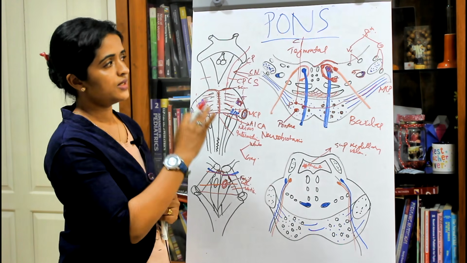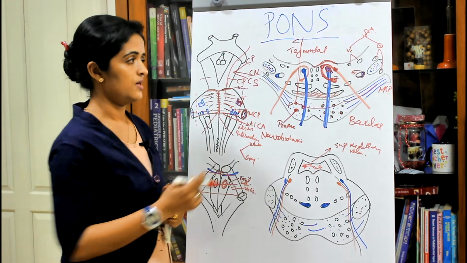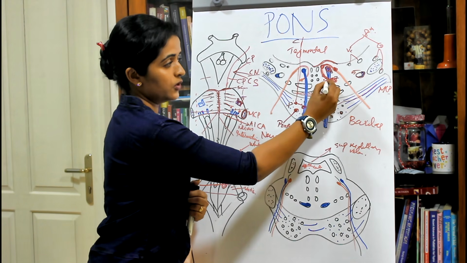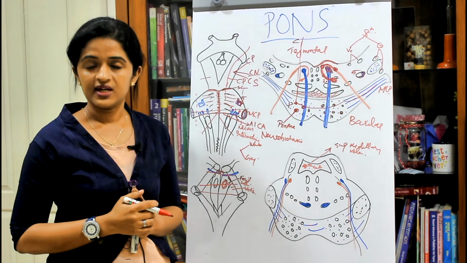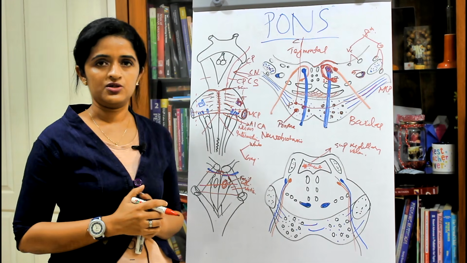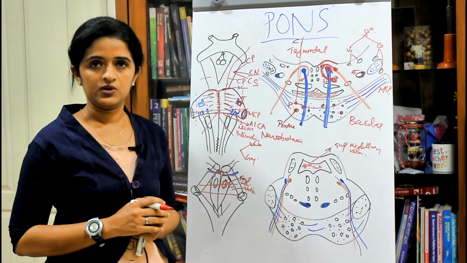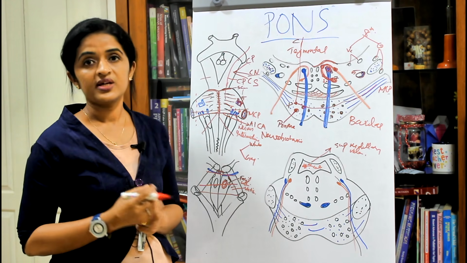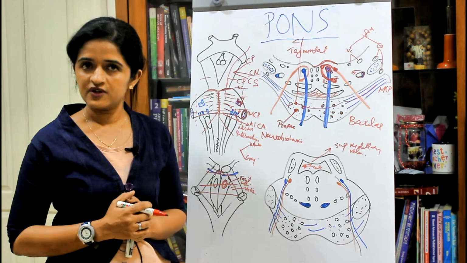Apart from the 5, 6, 7 and 8 cranial nerve nuclei, you have some other sets of nuclei as well, lying medial to the dorsal motor nuclei of the facial nerve. They are the superior and inferior salivatory nuclei and the lacrimatory nucleus. The superior salivatory nucleus goes to the 2 salivary glands, submandibular and sublingual, and forms part of the facial nerve.